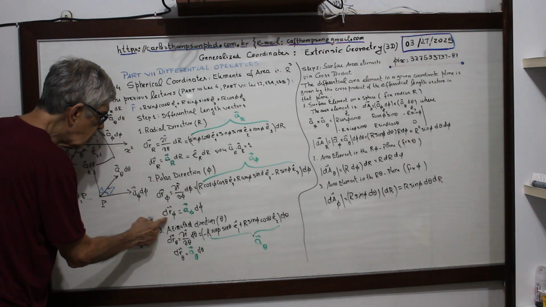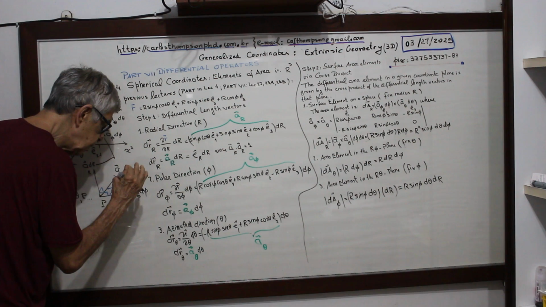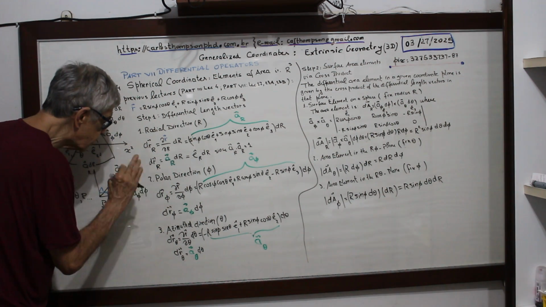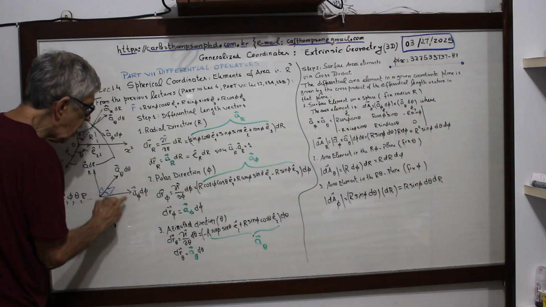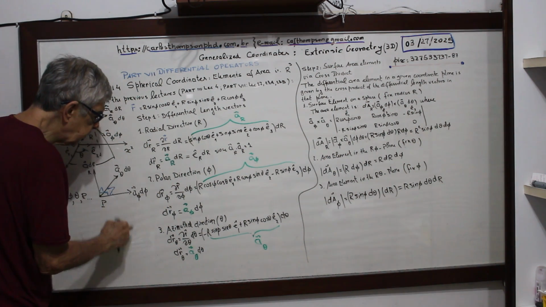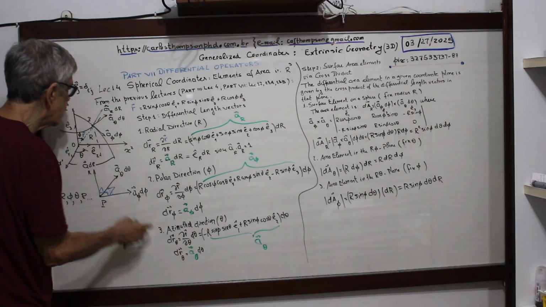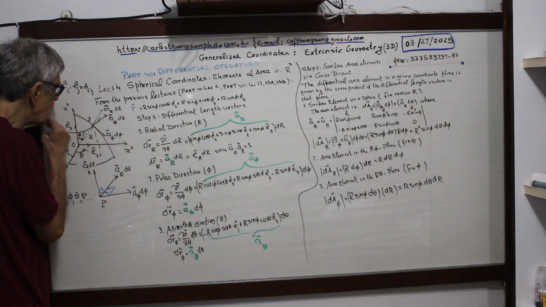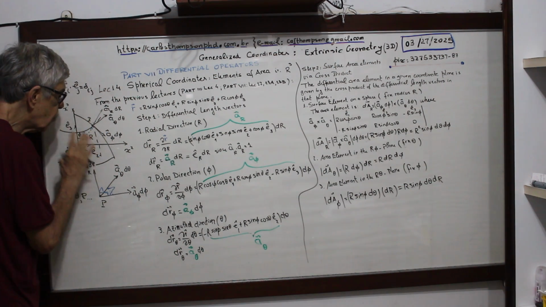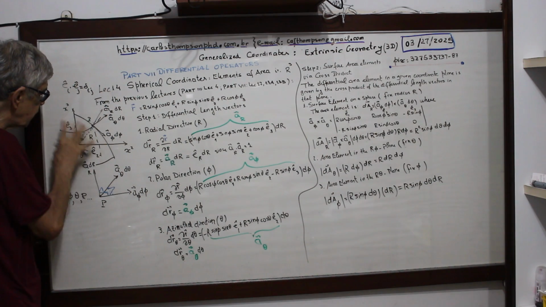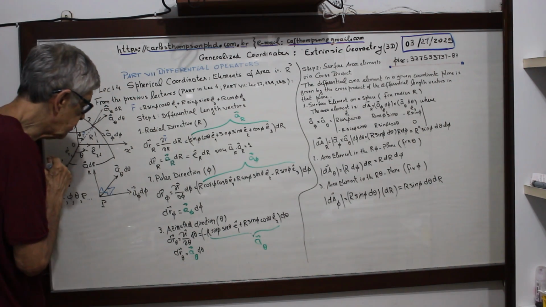So dr phi, the vector length element, tangential, and the theta vector, they are orthogonal, with a tangent vector orthogonal to the spherical surface.